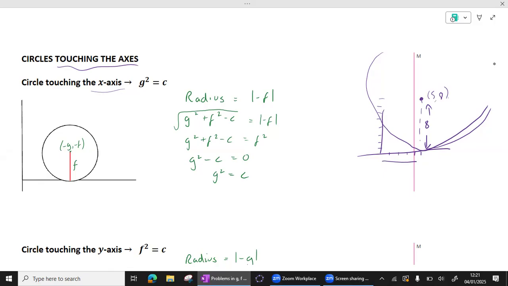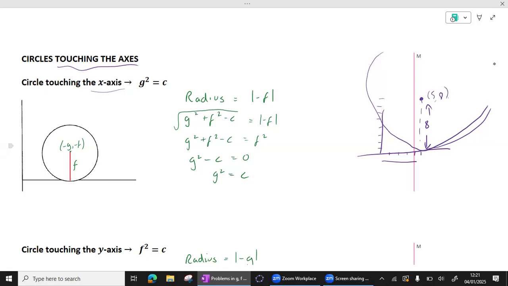When we go to do a more abstract one, all circles have center (minus g, minus f). Now, again, that minus g, minus f is an actual value. Minus g doesn't mean it can't be in the first quadrant.